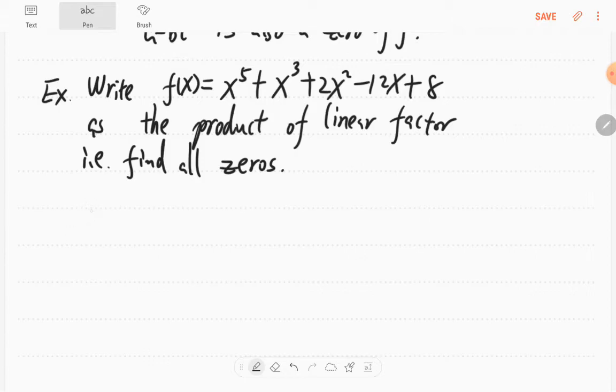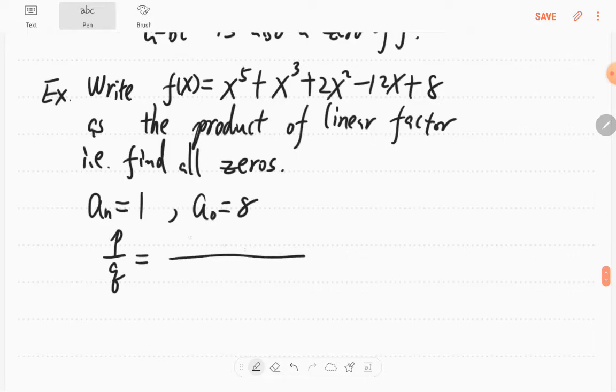Okay, so now let's look at this. a_n equals 1, a_0 equals 8. So our rational zero p over q: the top is the factors of a_0, plus or minus 1, plus or minus 8, plus or minus 2, plus or minus 4.